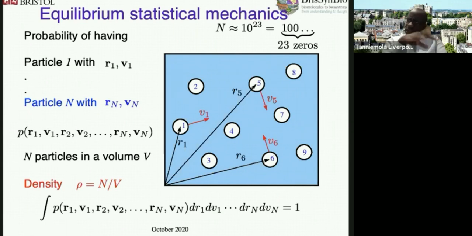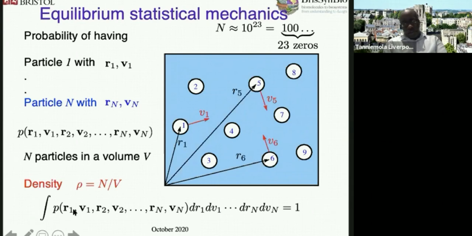This is a rather complicated object. It's a function of many variables. And let's be a bit more precise. Let's think about having n particles in a volume V. So we can define a density, which is just the number of particles divided by the volume. Now, since this is a probability, we know that if we sum over all the possible positions, we're going to get 1.